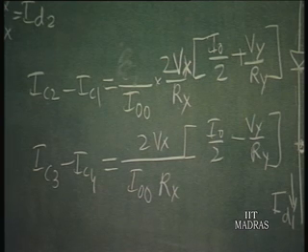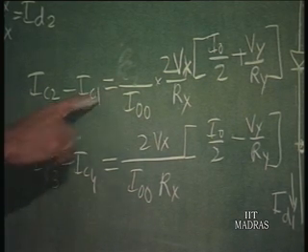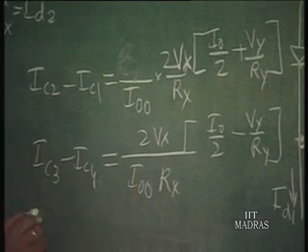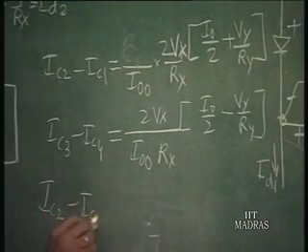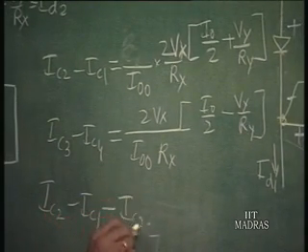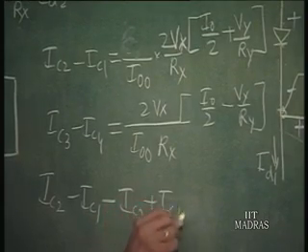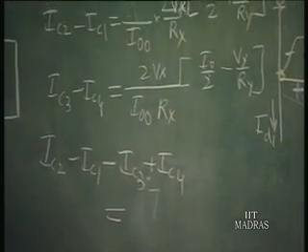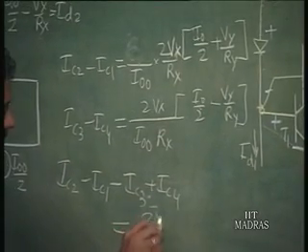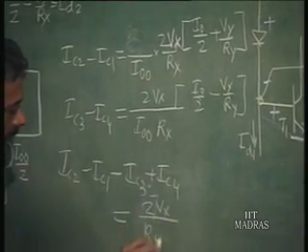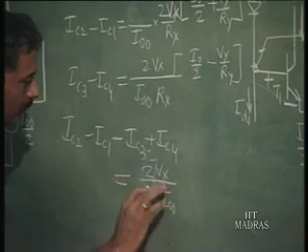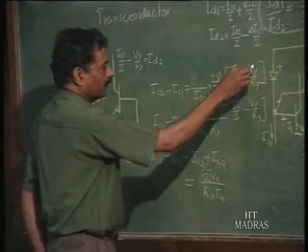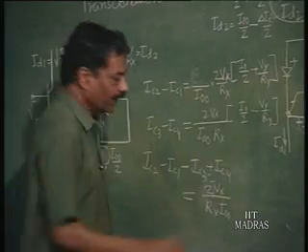That can be simply got rid of by subtracting this from this. So, this differential current can be subtracted, that means IC2 minus IC1 minus IC3 plus IC4 becomes equal to, these two will get cancelled, we will get twice Vx by Rx I naught naught into, what is this, twice Vy by Ry.